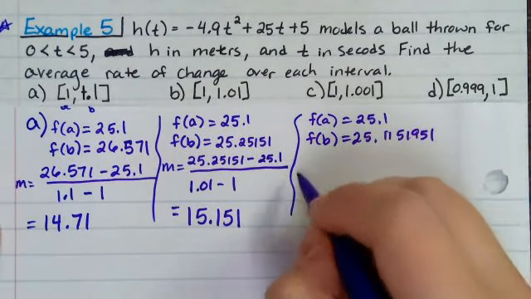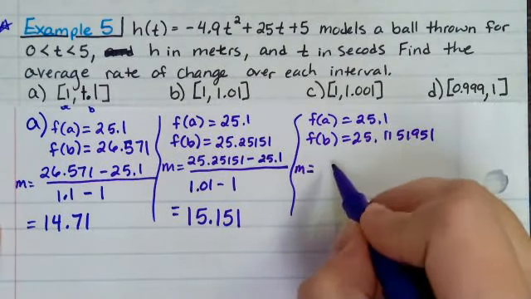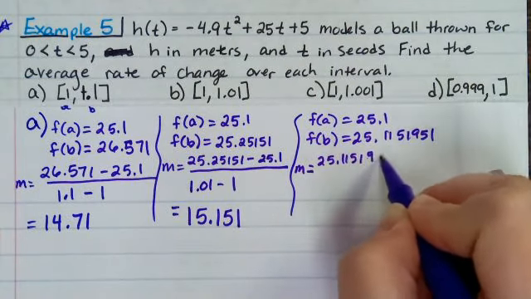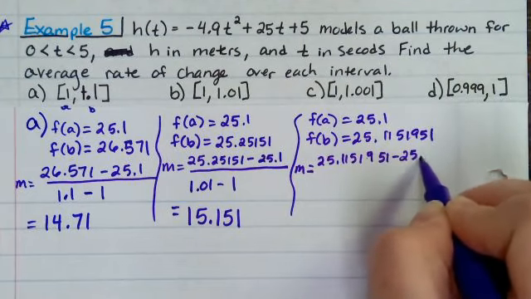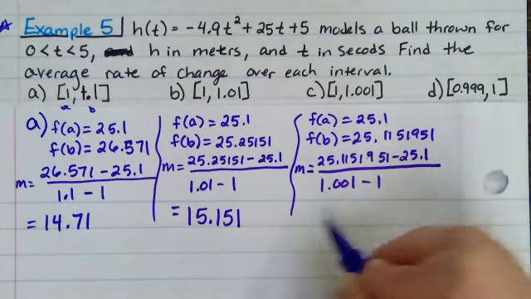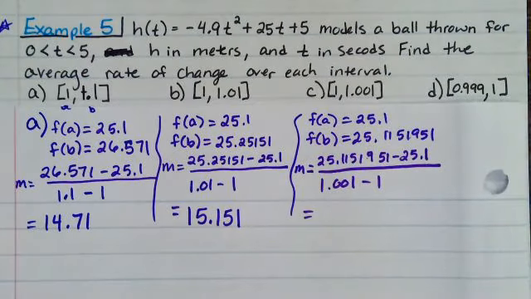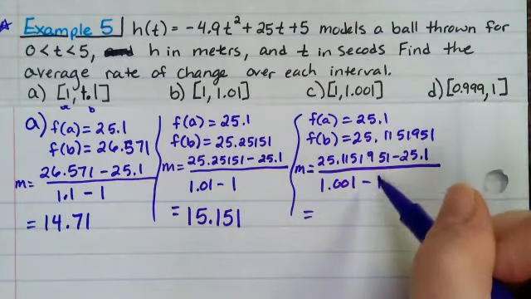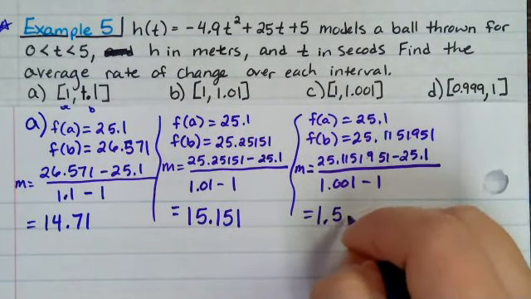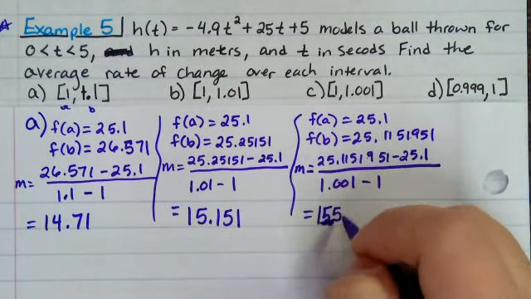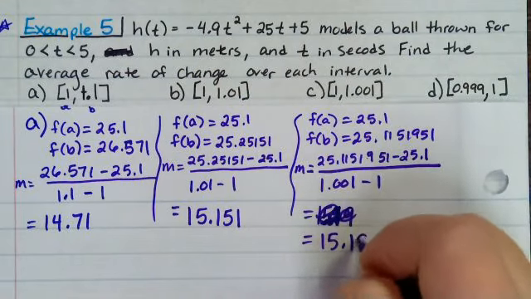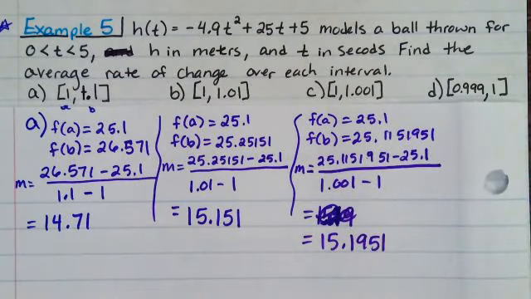And then plugging that into your function, I would have done 25.1151951 minus 25.1 over 1.001 minus 1, which I know this looks ugly, y'all. But again, it's just plugging things into the slope formula, and you can use a calculator to get these decimal answers. I'm going to rewrite that. 15.1951 is what I got for that one.